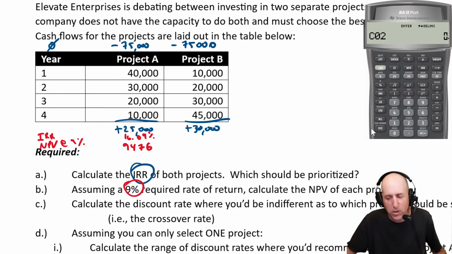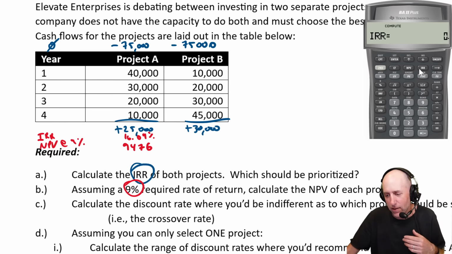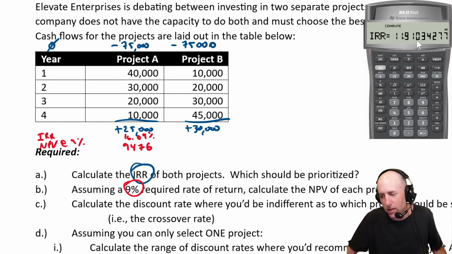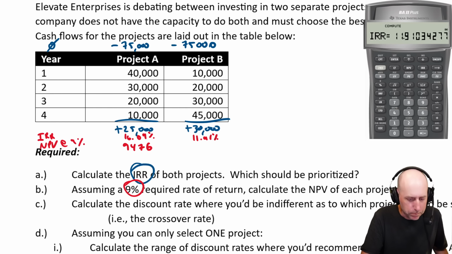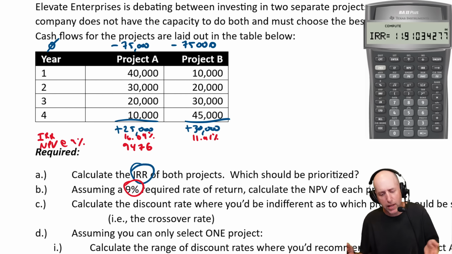Cash flow at time 2, 20,000 positive. Cash flow at time 3, 30,000 positive. Cash flow at time 4, 45,000 positive. And now I compute the IRR. So I go IRR, compute, 11.91%. So significantly lower for project B than project A.